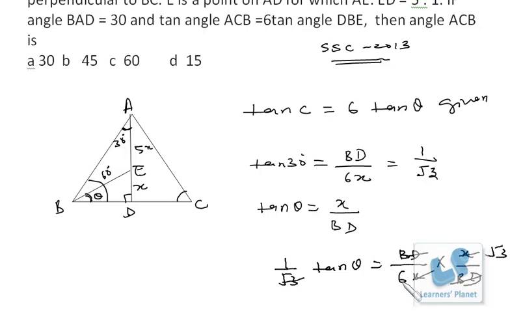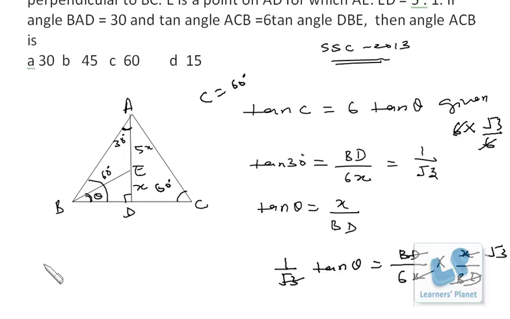Tan theta is root 3 by 6. If I put the value of tan theta over here, I'll be getting 6 into root 3 by 6. That means tan C is equal to root 3. Now tan C is root 3, that means C must be 60 degrees, because tan 60 degrees is root 3. So this angle that we have to find out, that is angle ACB, is nothing but 60 degrees.